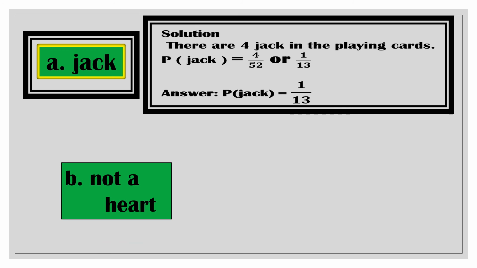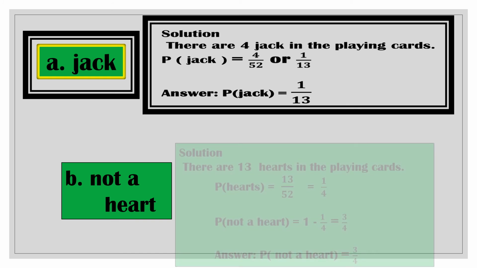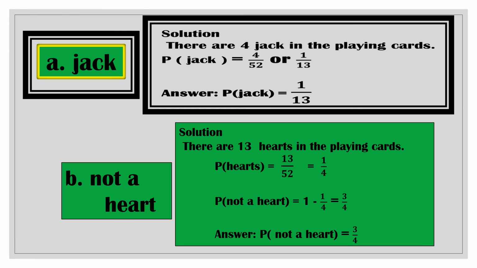Okay, next, letter B. The probability of not a heart. So the solution is there are 13 hearts in the playing cards. So the probability of the hearts is equal to 13 over 52. Reduce it to the lowest term, equal to 1 over 4.